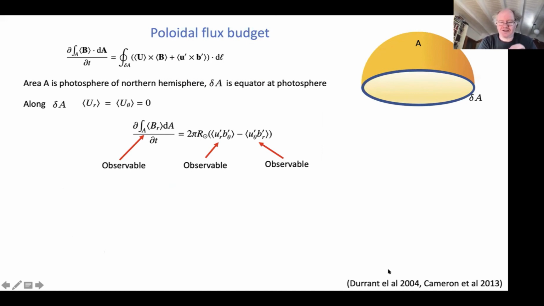And this was work done, for example, by Cameron and Schüssler in 2004, and we looked at implications based upon the observations, in particular the importance of this term, the feeder, in 2013.